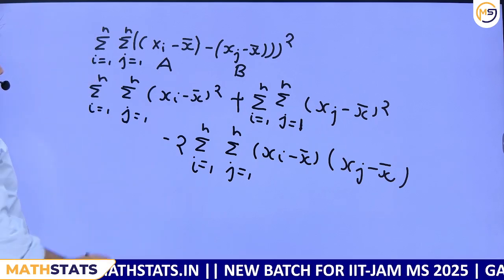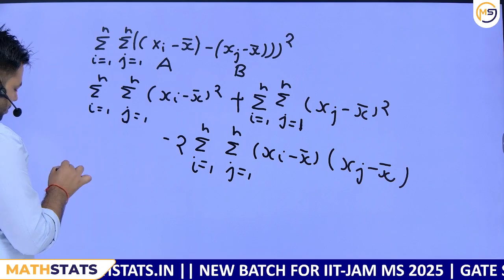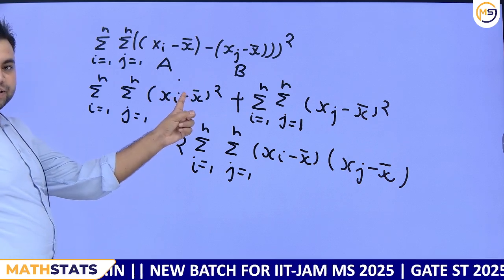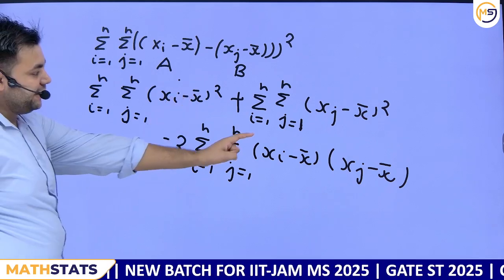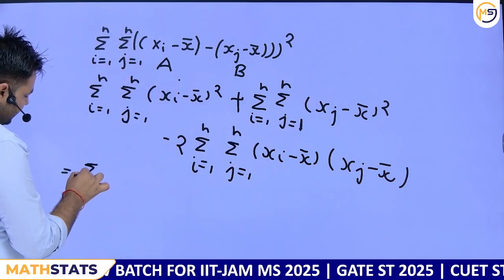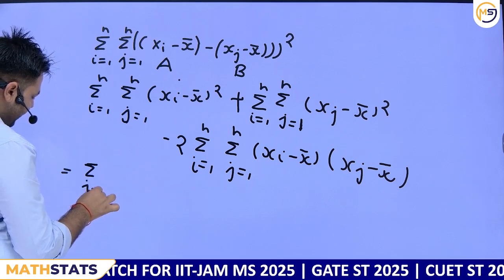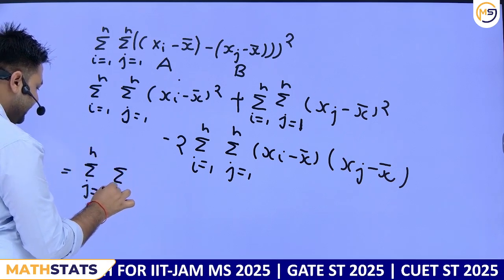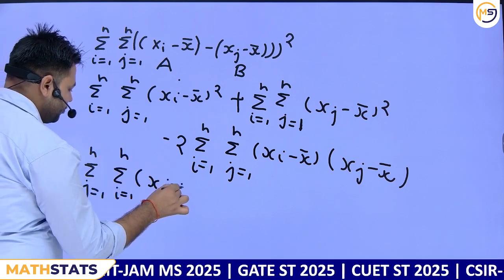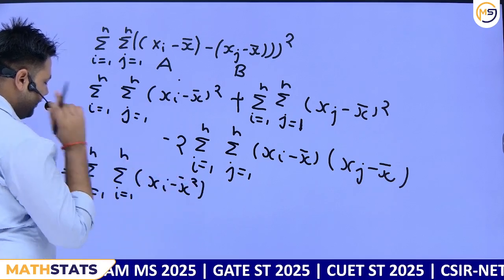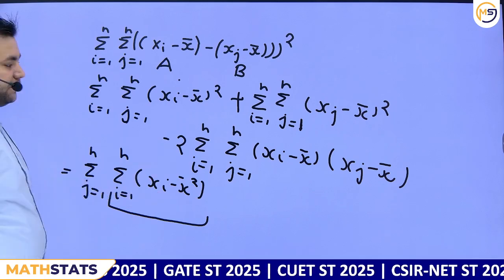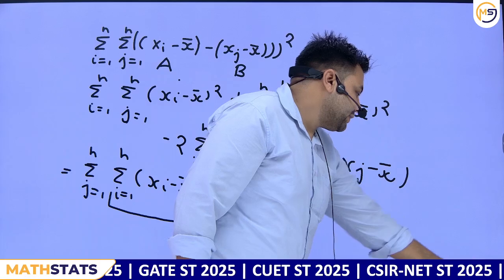Understand one thing. In this term there is no term involving any j, and in this term there is no term involving i. So you can write it this way: summation j equal to 1 to n and summation i equal to 1 to n, (xi minus x bar) square. Now think about this term. What is the value of variance?